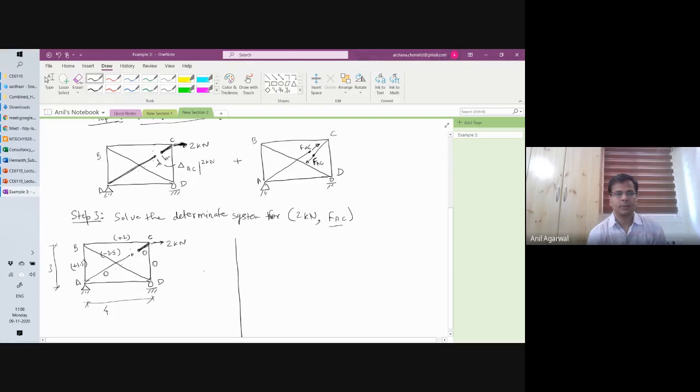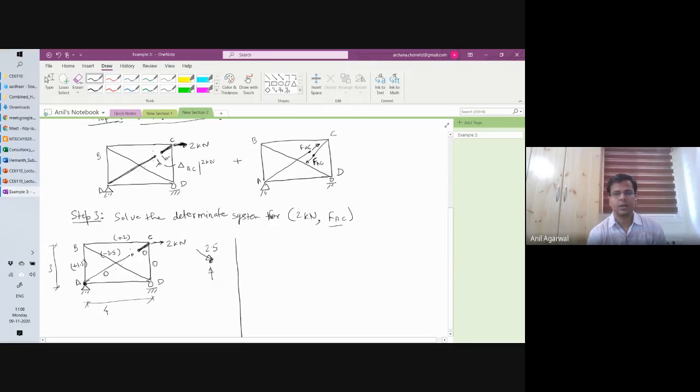Member AD is remaining. So member AD I cannot solve from A because A is a pin support. So it will absorb all the forces that are coming to this member. It will not give me any additional information. Joint D I have to solve. So joint D has a compressive force coming from BD, that is, this is push force of 2.5. Then you got a vertical support.